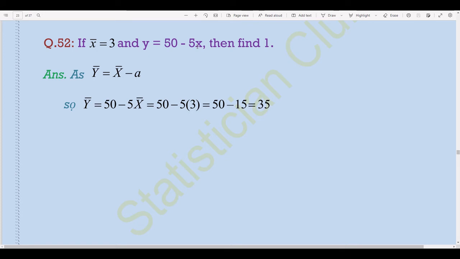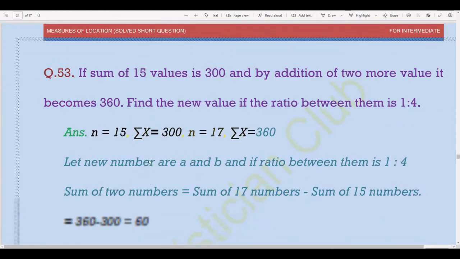Now divide this by n. Sum of y over n means y bar. Sum of x over n means x bar. So we can write this equation as y bar is equal to 50 minus 5x bar. When we put the value of x bar, we get the answer of y bar.